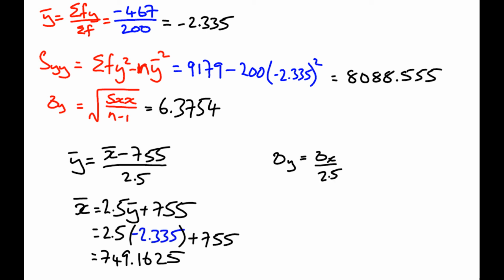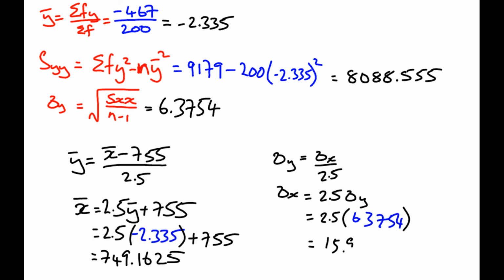Simple rearrangement here, making standard deviation of X the subject, 2.5 times standard deviation of Y. Plugging in that value for standard deviation of Y, 6.3754, and that equals 15.9385.